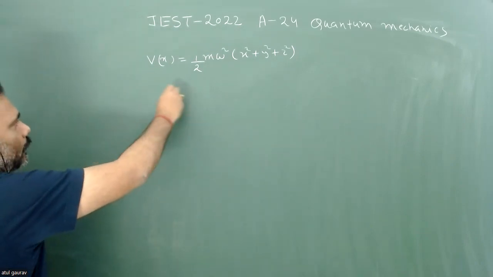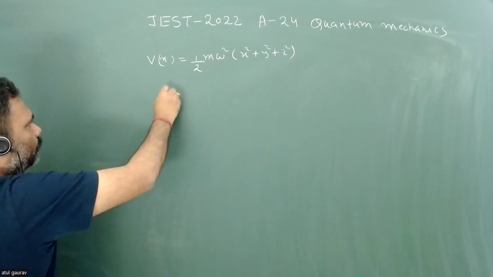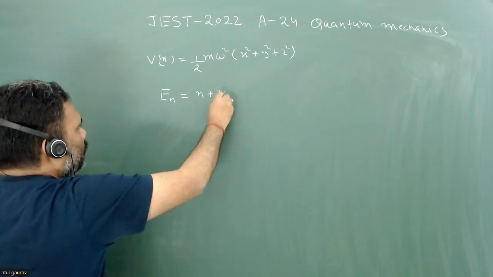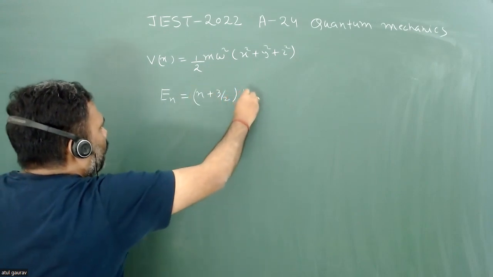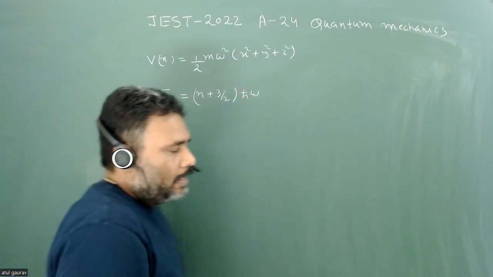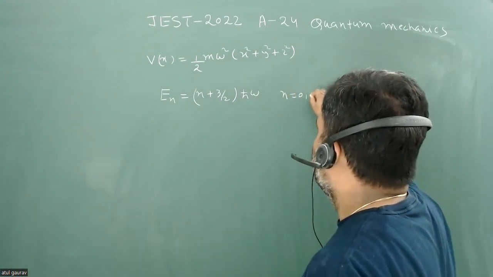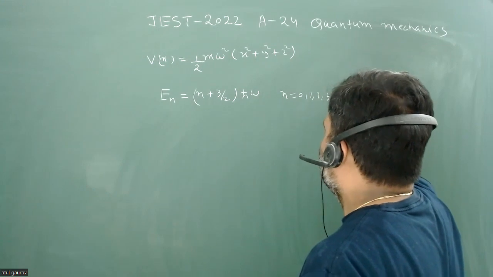For the three-dimensional harmonic oscillator, the energy is given as (n plus 3/2) h-cut omega, where n is 0, 1, 2, 3, and so on.